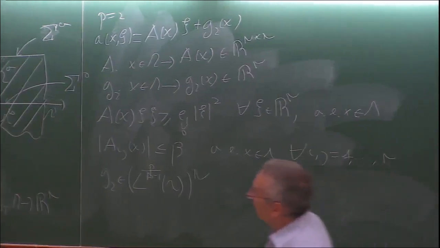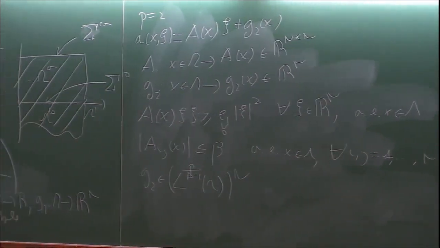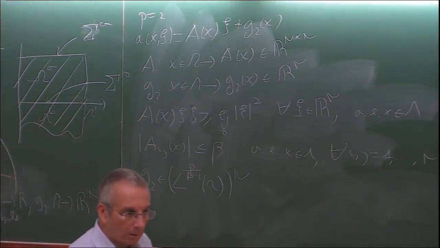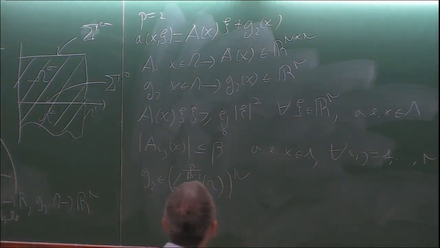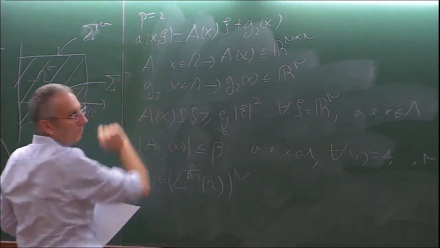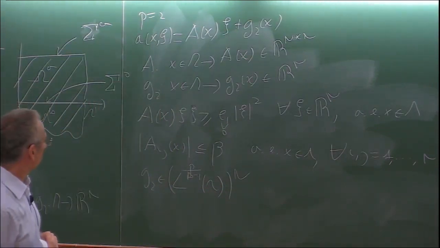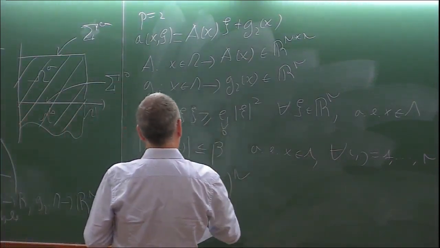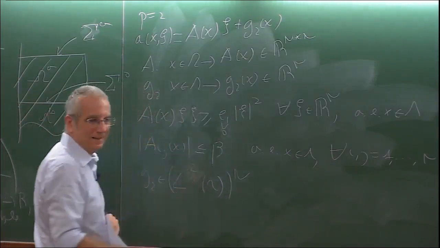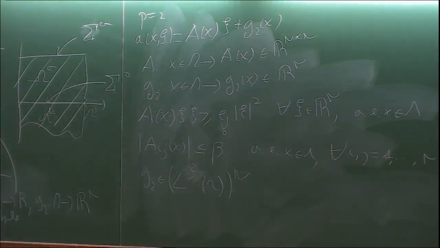Okay, this is the first function we introduce, this vector valued function. P equal 2. Yes, p equal 2, thanks. The conjugate exponent of 2 is 2.